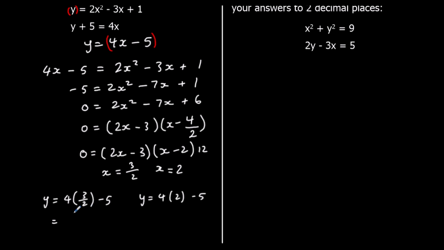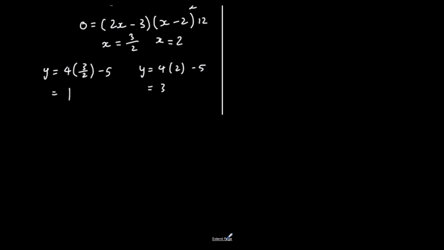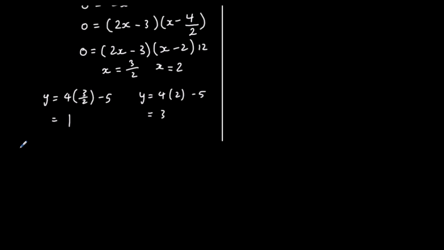Take away 5 is 1. And 4 times 2 is 8. Take away 5 is 3. So what are our answers? So either x is 1.5 or 3 over 2, and y is 1, or x is 2 and y is 3.